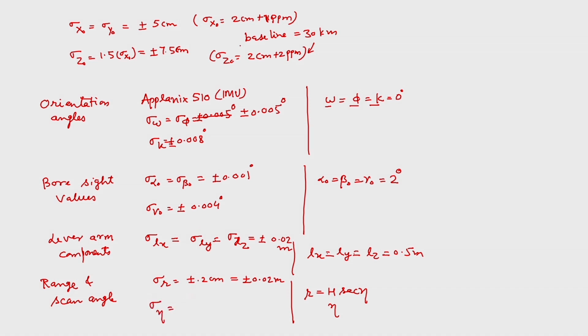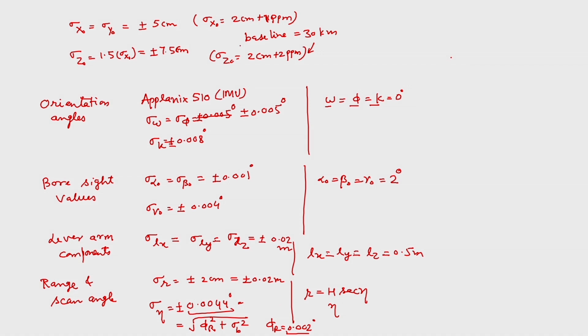Sigma eta is this value, and there is a reason for that. We have considered the resolution of the scanner as well as the footprint angular value. So, by this we have calculated this one. Generally phi r is 0.002 degrees.